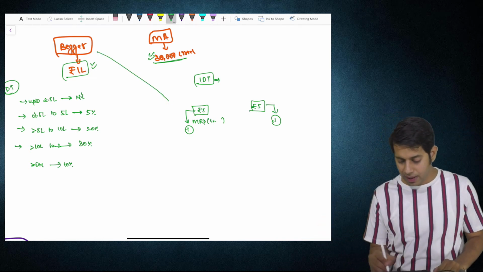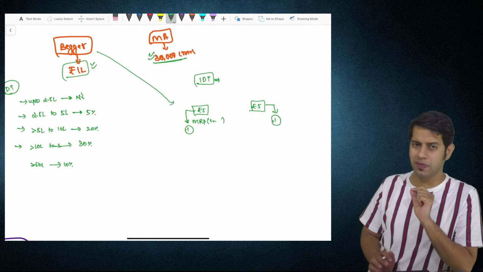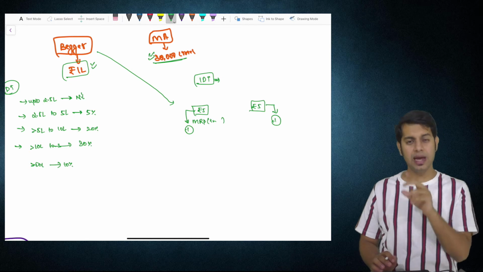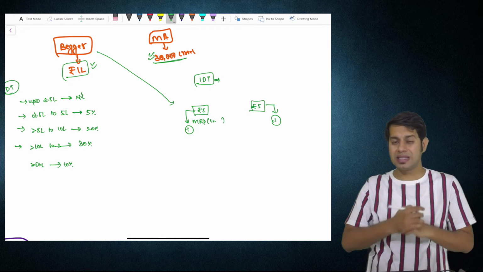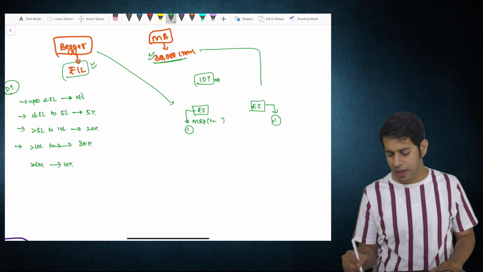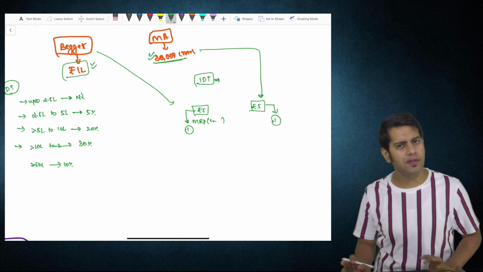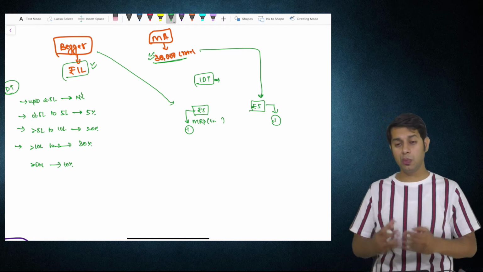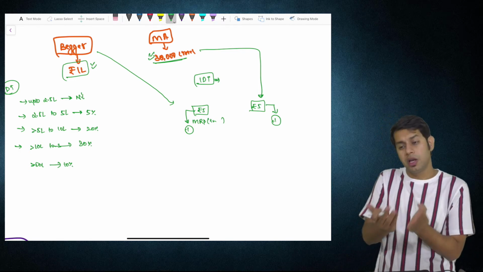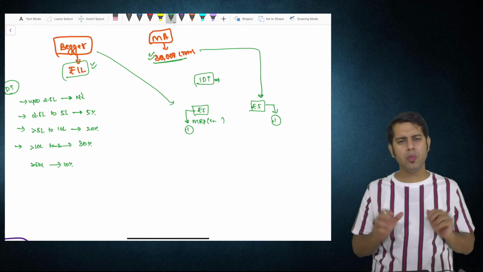Now, if a beggar goes and purchases this Parle-G biscuit, he will have to pay rupees 5 in total, meaning he is paying this 1 rupee as tax to the government. Similarly, if Mukesh Ambani purchases the same Parle-G biscuit, he will also have to pay only 5 rupees. It is not that the shopkeeper will say, oh sorry, you are Mukesh Ambani, pay me something more. That will not happen. Irrespective of who you are, you will have to pay the same amount.